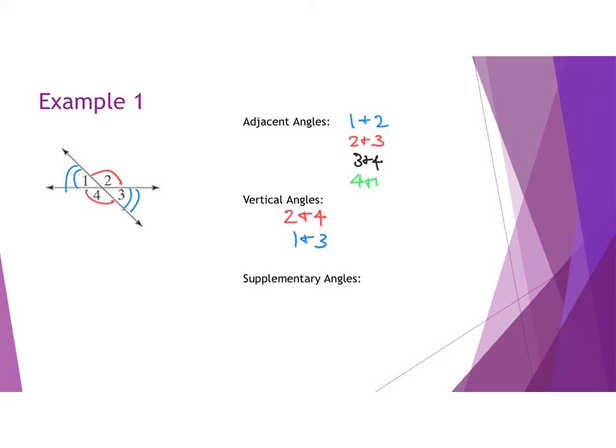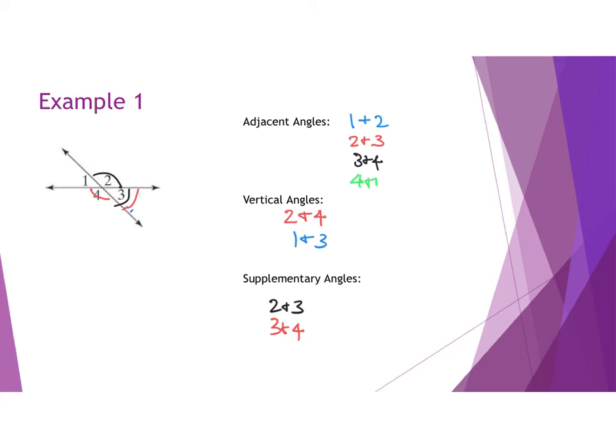And for supplementary, remember, supplementary are two angles that add up to 180 degrees. So there's multiples of these. I could say angles 2 and 3, we could go ahead and say 3 and 4 are going to be 180 degrees.